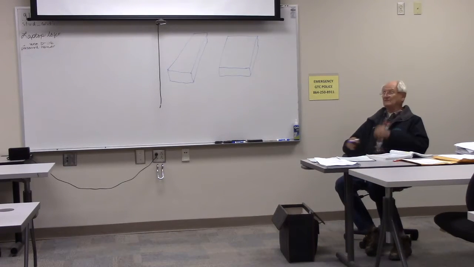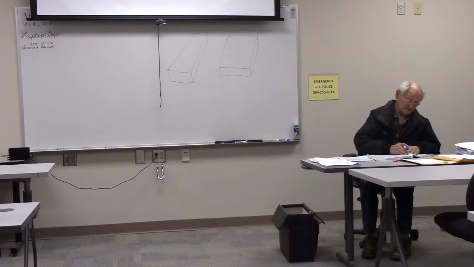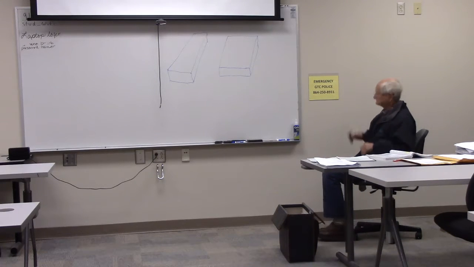One of the things we learned right quick: number 4 or larger. In straight pulls, the length of the box shall not be less than 8 times the trade diameter or metric designator of the largest raceway.